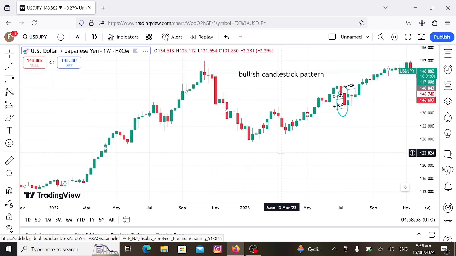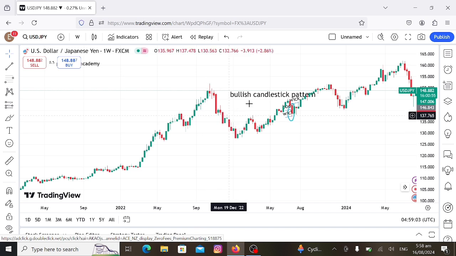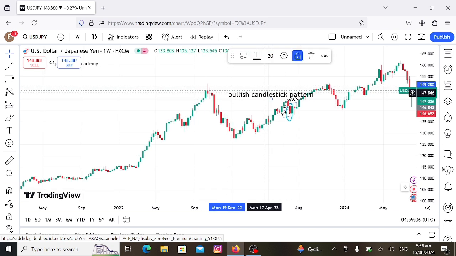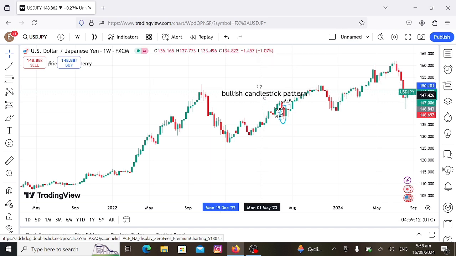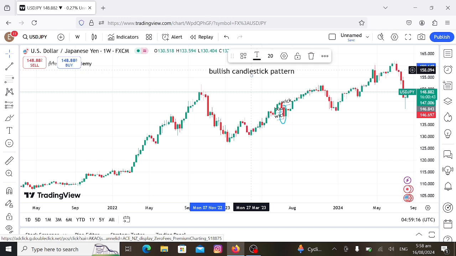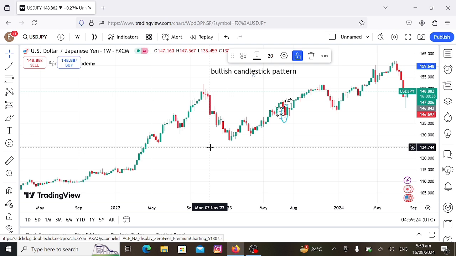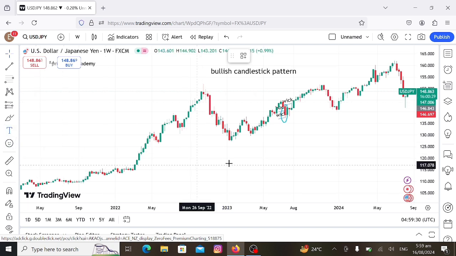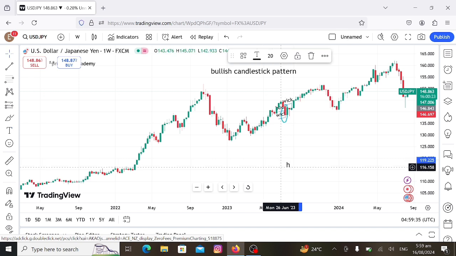So the number one candlestick pattern we are going to look at is the hammer. It's a bullish candlestick pattern. Let me write it here: hammer.